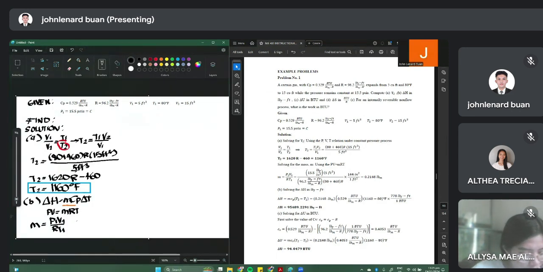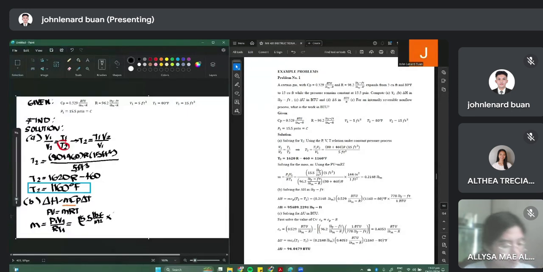Which will give us pressure 1 is 15.5 PSI. Ano natin para sure, pound force per square inch. And then ang volume natin is 5 cubic feet. So since ito ay naka-inches, kailangan natin i-convert.